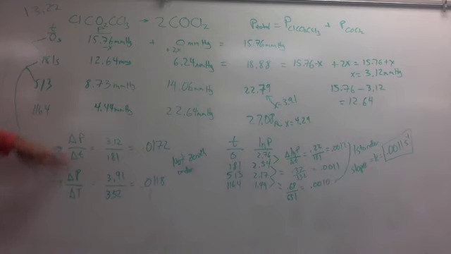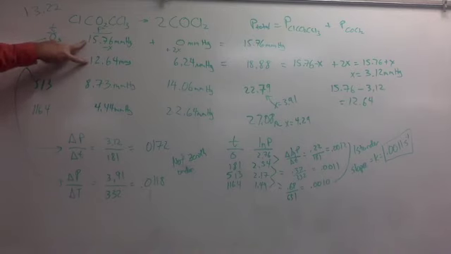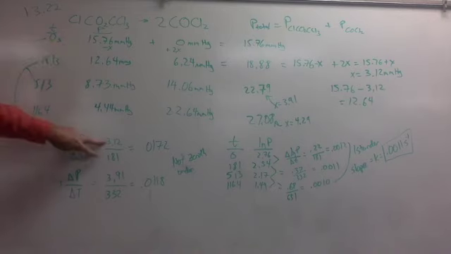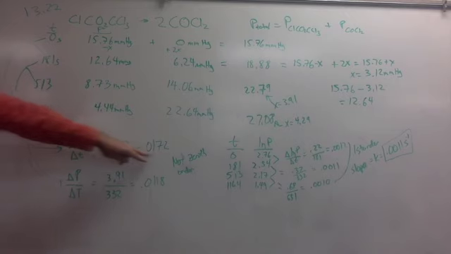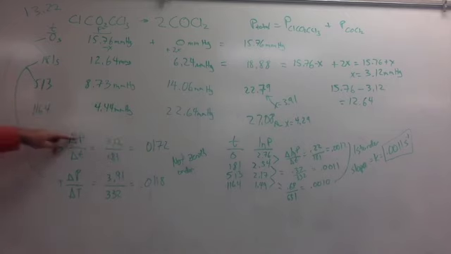If the slope is constant for the data, that means it is a line. So if I take the difference between 15.76 and 12.64, 3.12, divide by the difference between 0 and 181, then I get a slope of 0.0172 if I were to graph pressure versus time.